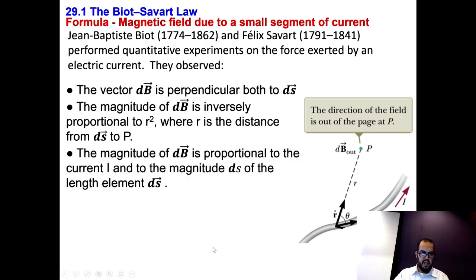Also, they found that the magnetic field is proportional to the current that is flowing through the wire and to the magnitude of the length element ds. So it's proportional to the current in the wire, and it's also proportional to the current element ds.